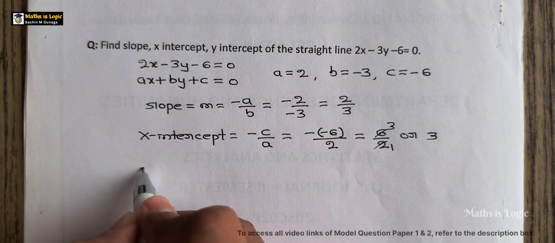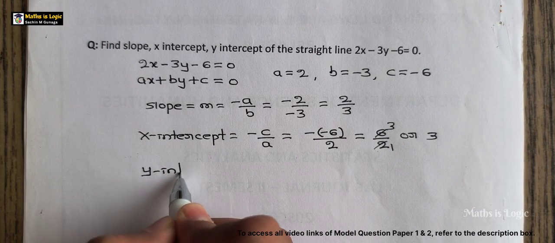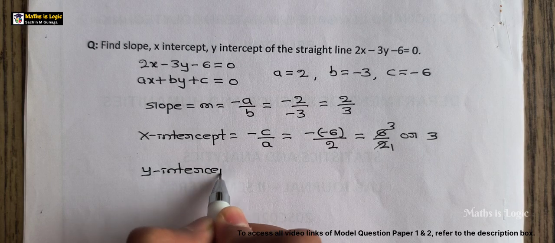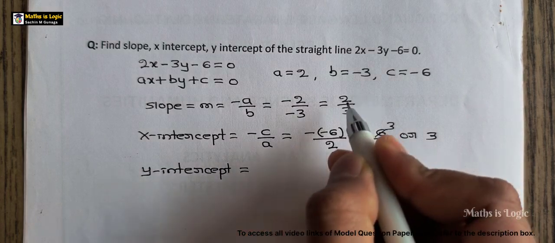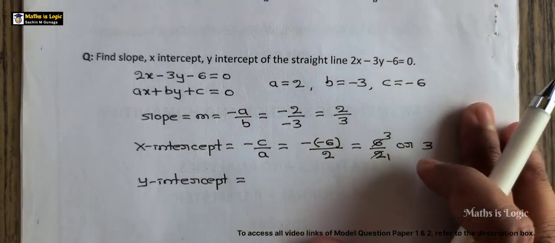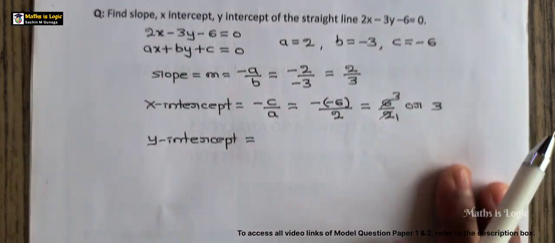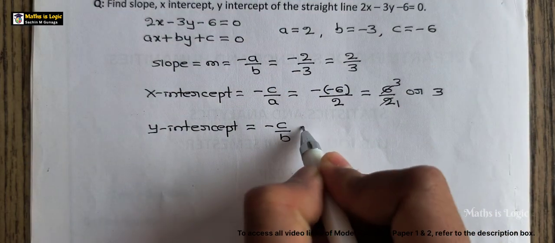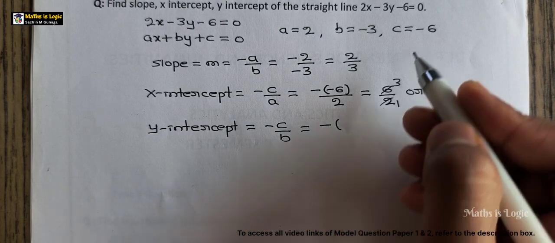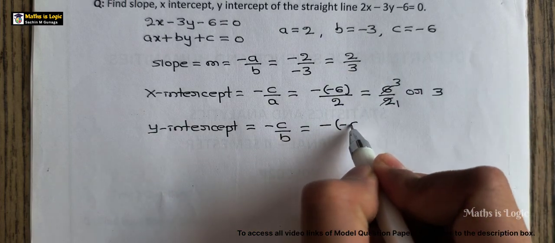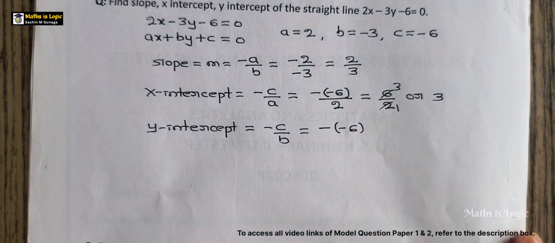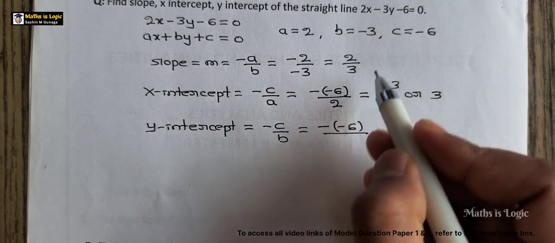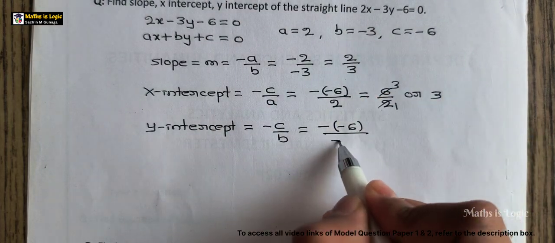After x intercept, next y intercept. Formula: minus c divided by b. Keep the minus as it is, c value minus 6, divided by b value, which is minus 3.